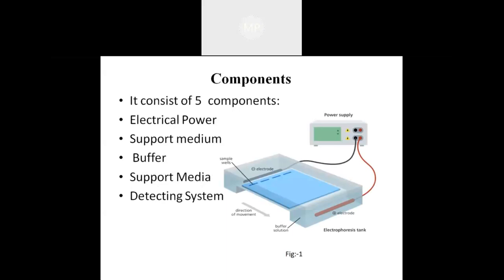Here we can see the components of electrophoresis. Basically, it consists of components like electrical power, support medium, buffer, and detecting system. As we can see in the figure, it depicts the electrophoresis apparatus.